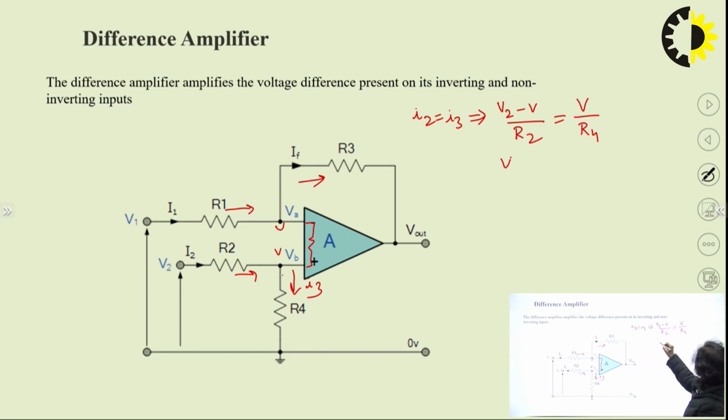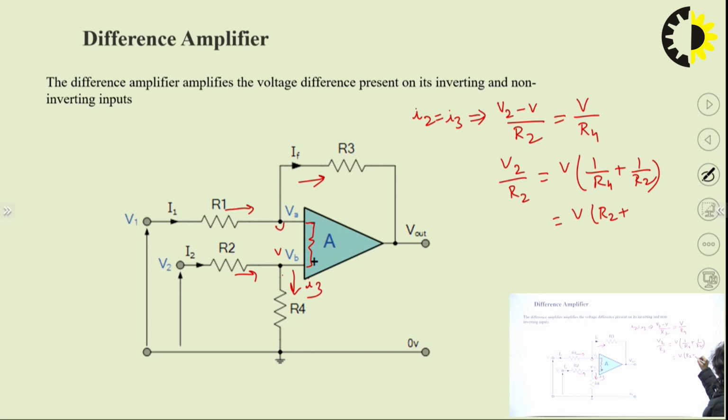So from here V2 by R2 is equal to V into 1 by R4 plus 1 by R2. We will again solve it: V into R2 plus R4 upon R4, as R2 and R2 will be cancelled out. So V can be written as V2 into R4 upon R2 plus R4.